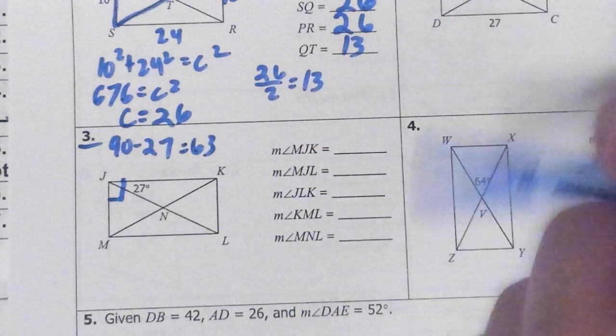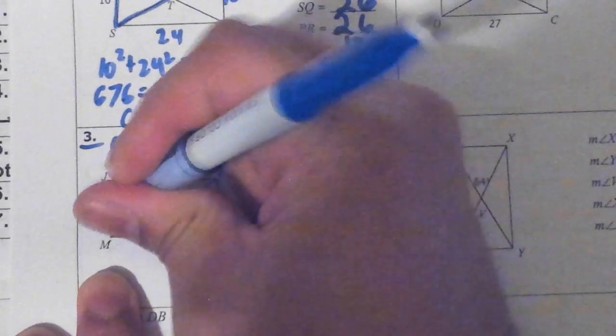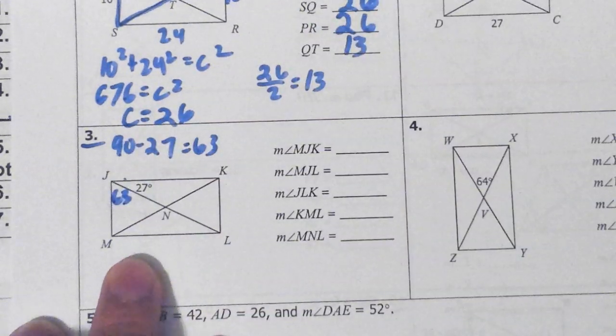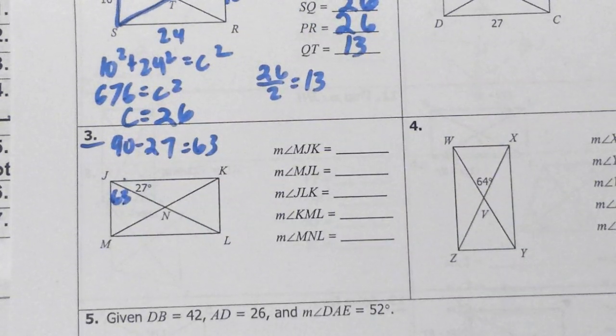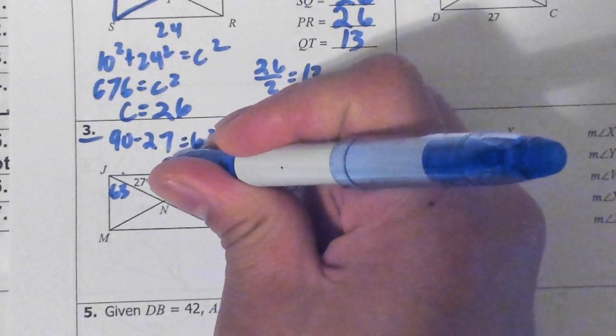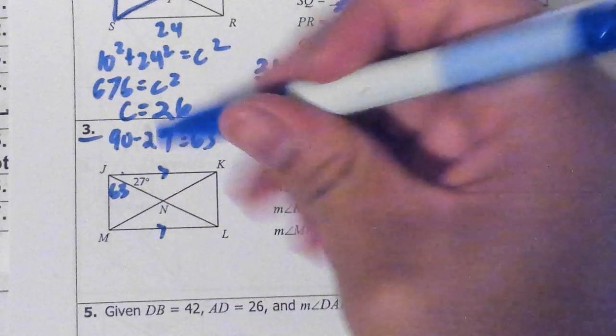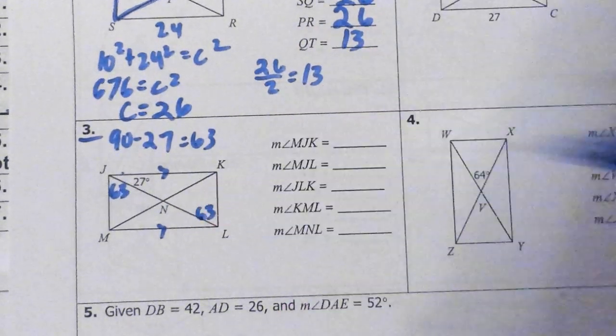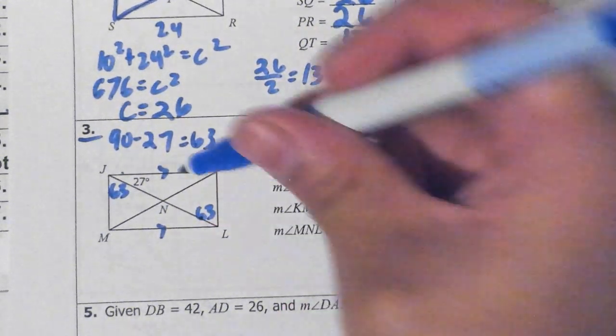Which means, let me erase this, this part right here is 63. Okay? Just like with my parallelogram, these two being parallel means I have alternate interior angles. 63, 27.